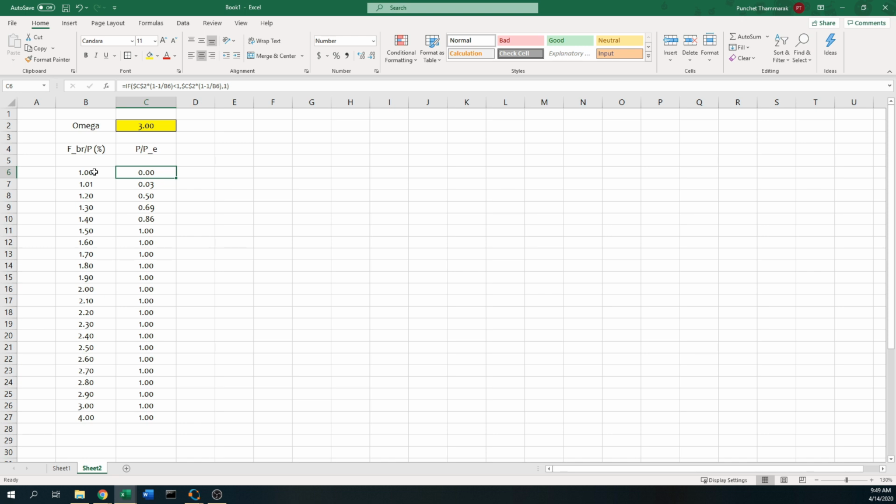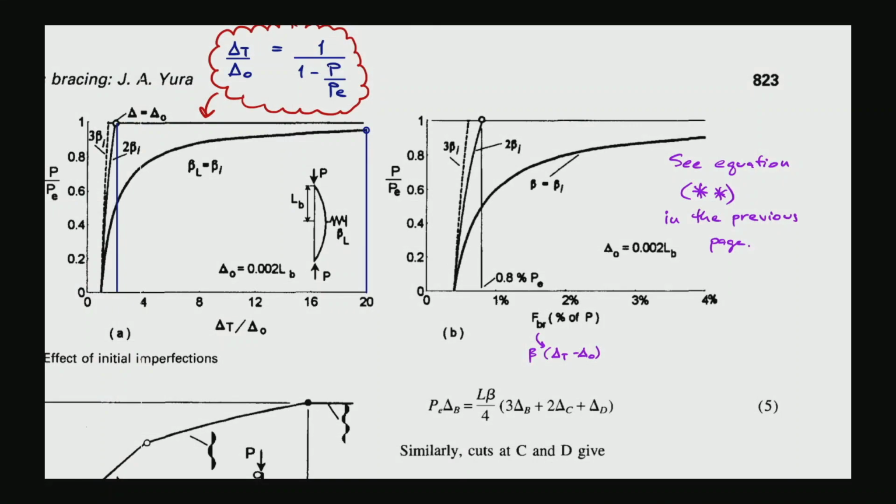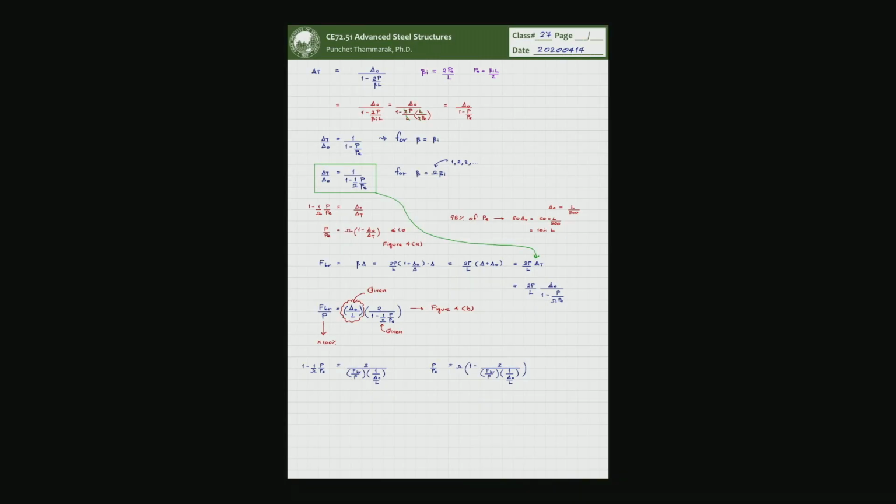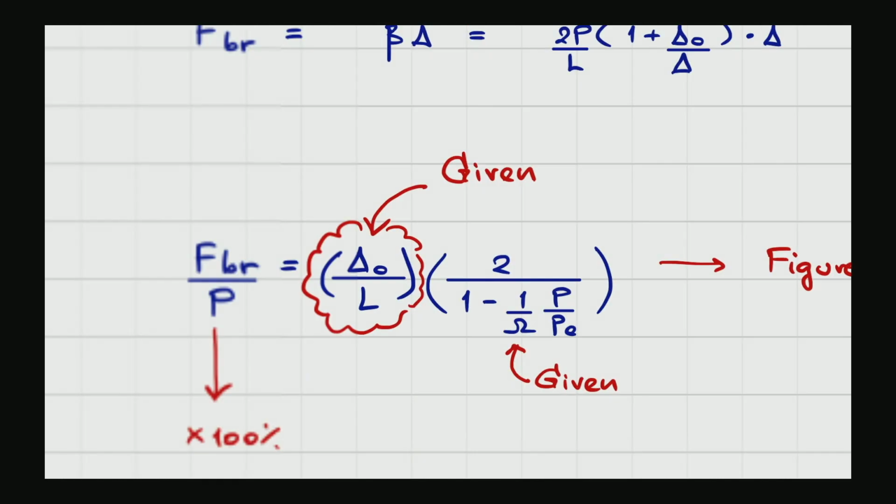Let me figure out: if P over PE is 0, this part is gone. We are talking about the ratio of the bracing force. You have 2 multiplied by the initial out-of-straightness ratio, delta naught over L, which is like 1 over 500 or 0.002.